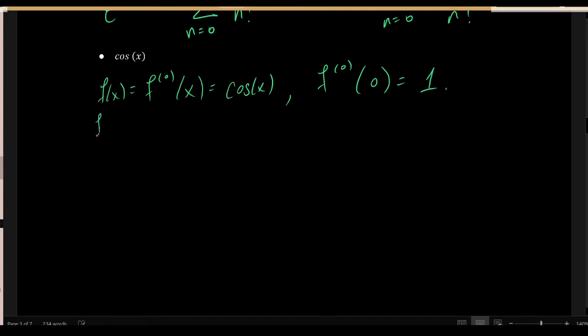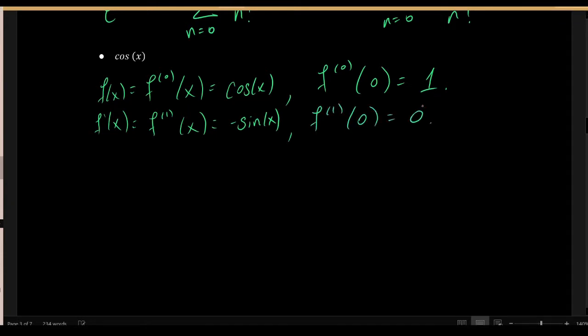So let's look at f prime, which is the first derivative. If I take the derivative of cosine, I get minus sine. And if I plug 0 into sine, then I definitely get 0 as the result. Let's try it with the second derivative. The derivative of minus sine becomes minus cosine.